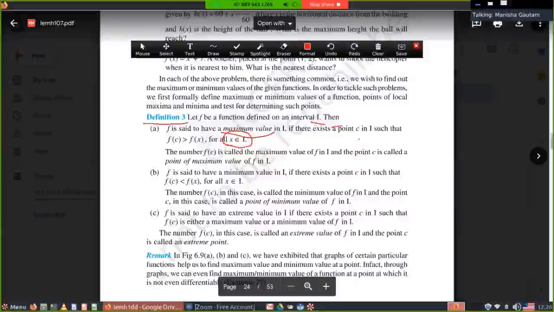It means what? You can see here, if I talk about the maximum value, suppose I am taking this graph. This is the maximum value.